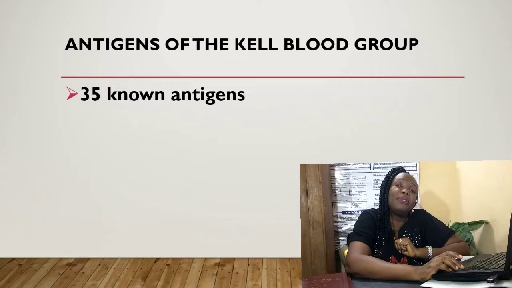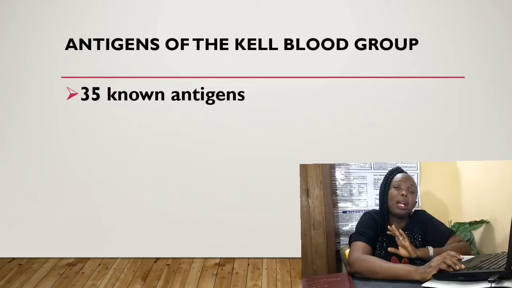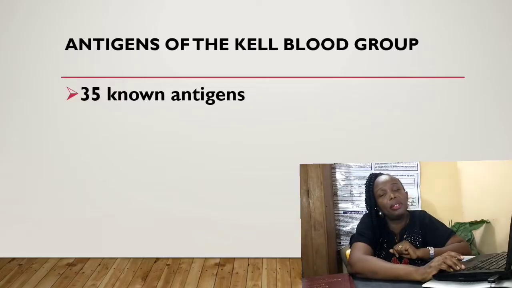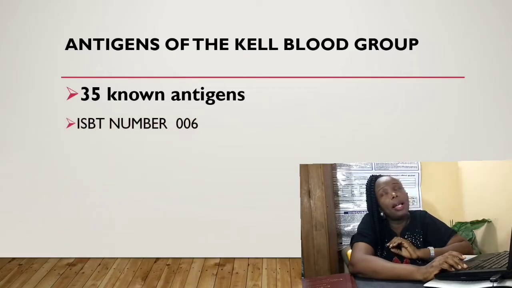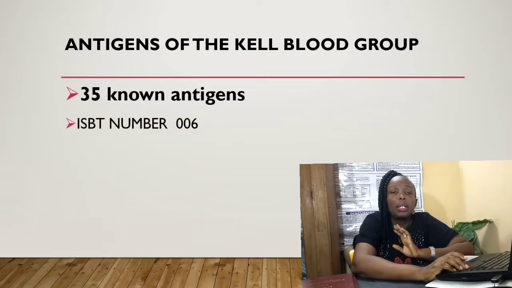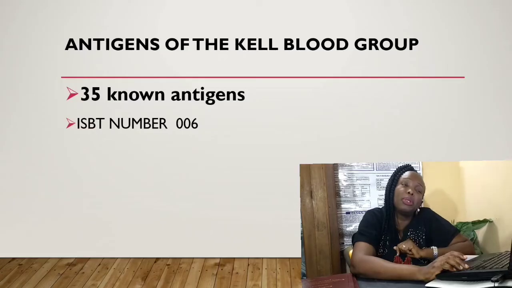We have up to 35 antigens present in the Kell blood group system, and the ISBT number for the Kell blood group system is 006.